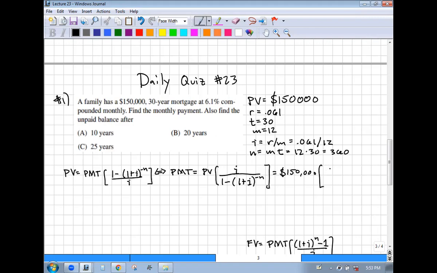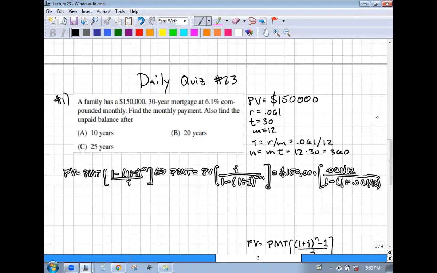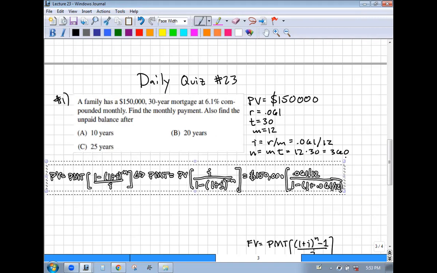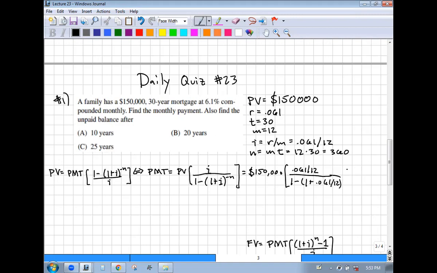Our I is 0.061 divided by 12. 1 minus 1 plus 0.061 divided by 12. I ran out of room, so let's smash this over here. And this is to the negative 360th power.